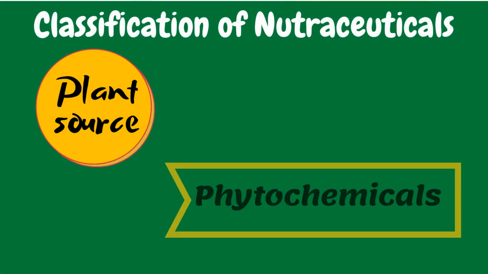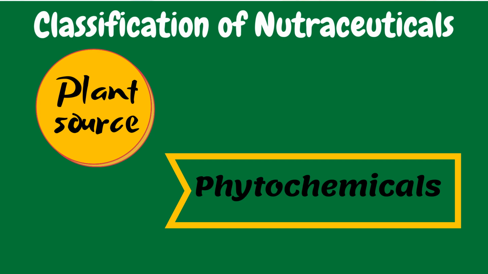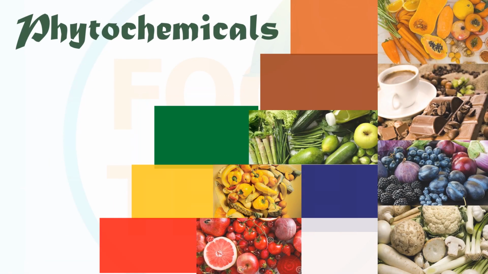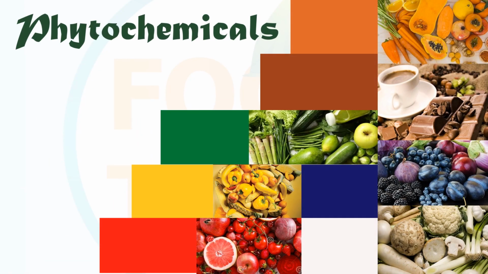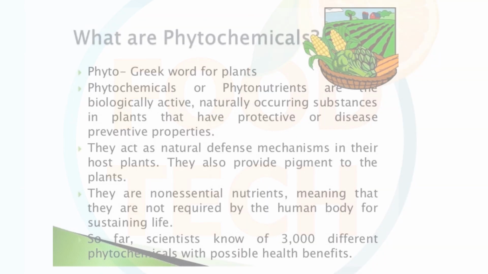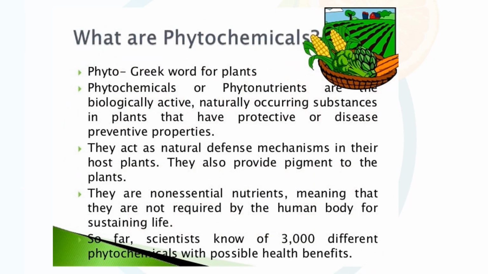Coming to the plant source, these are phytochemicals. Let us focus on phytochemicals now. Phyto is a Greek word for plants, and these substances mainly occur in plants and have good disease prevention properties.